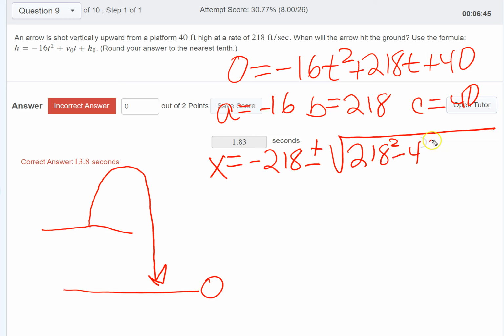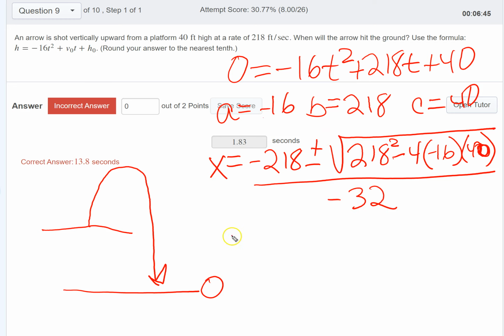Minus 4a, which is negative 16, times c, which is 40. That's a 40 there. Didn't make it too well. All divided by 2a, which is 2 times negative 16, so this will be a negative 32.